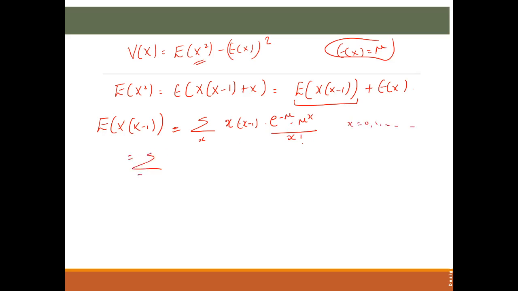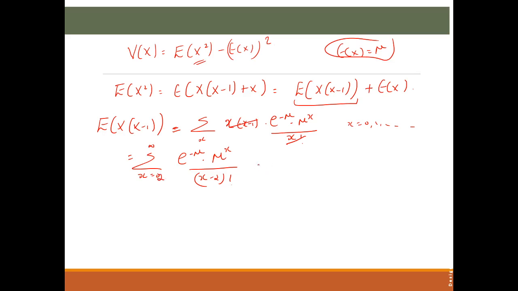So this is equal to sigma over x equal to 0 to infinity. I can cancel out these two, and e raised to minus mu, mu raised to x divided by x minus 2 factorial. I can write it from 2 to infinity.